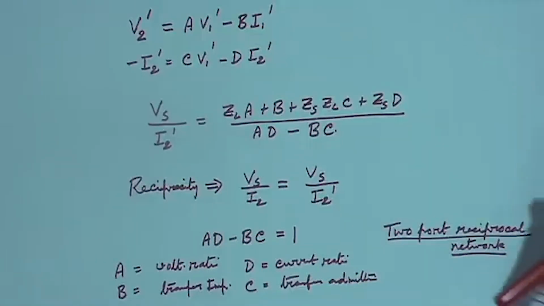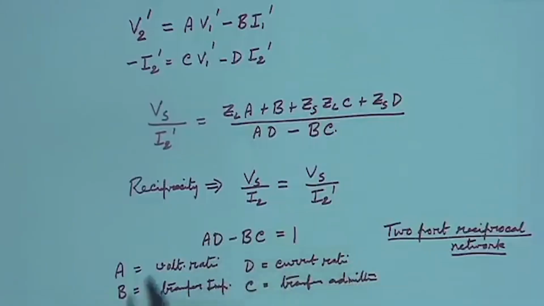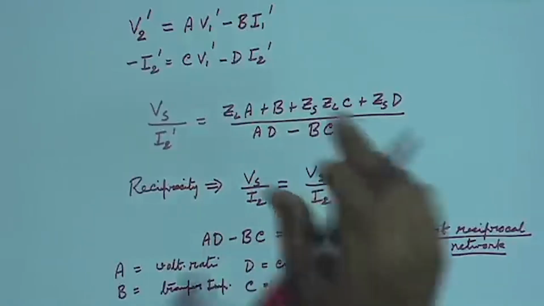But as I said, I require to specify what will be my pass band of frequencies and what will be my stop band of frequencies. So, I cannot impose on this voltage ratio, current ratio, transfer impedance, transfer admittance, I cannot enforce that.